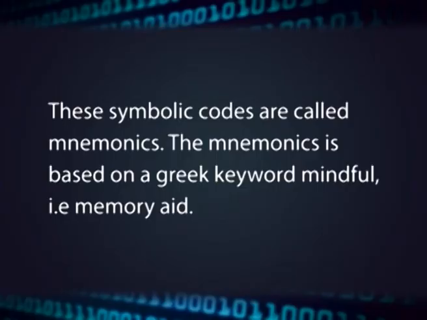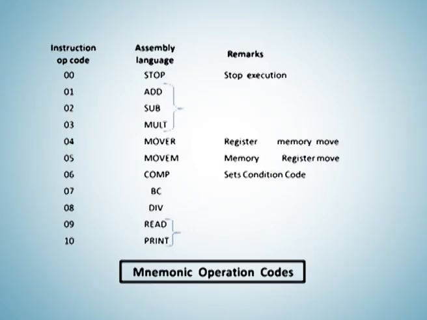Therefore, each CPU manufacturer, while designing a particular model of CPU, has assigned a symbolic code to each instruction. These symbolic codes are called mnemonics. The mnemonic for an instruction consists of a word that suggests the operation performed by that instruction.